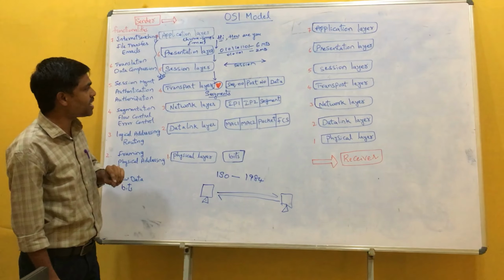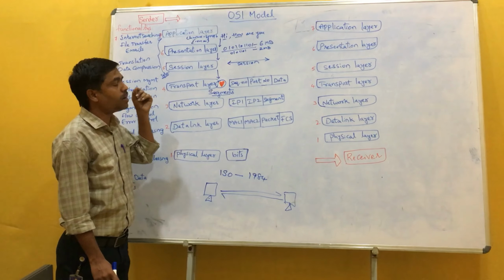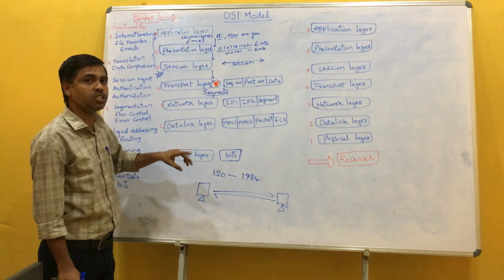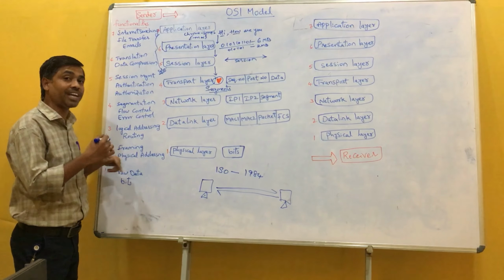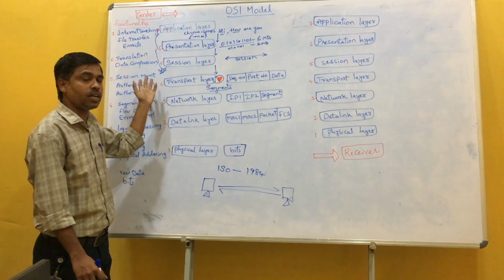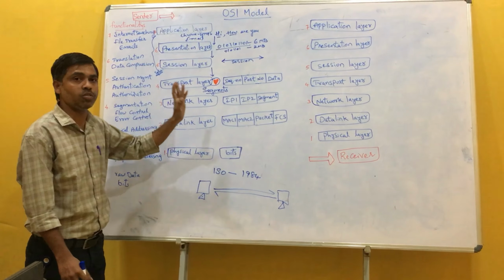If any error occurs while sending a message from one layer to another layer, or from sender to the receiver, that comes under error control. If any error occurs, we need to retransmit the data a second time. Then again we transfer the data from sender to the receiver. That is the main functionality of error control.